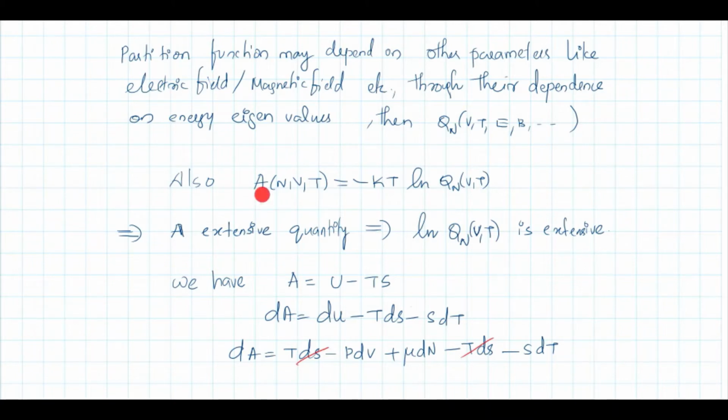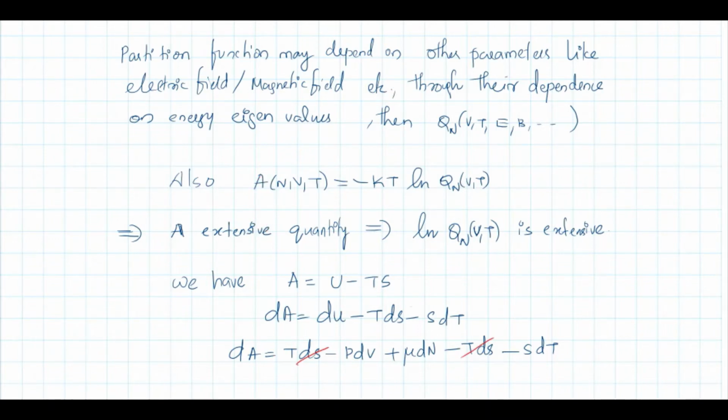Now we have Helmholtz free energy. Here I represented it as A of N, V, T is equal to minus kT log Q_N of V, T. This we derived in the last lecture, and we discussed this relation in the starting of this lecture also. A is equal to minus kT log Q. A is an extensive quantity.